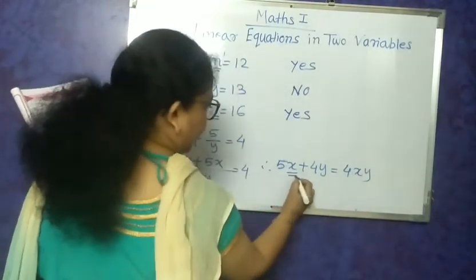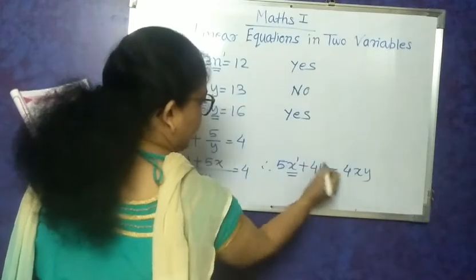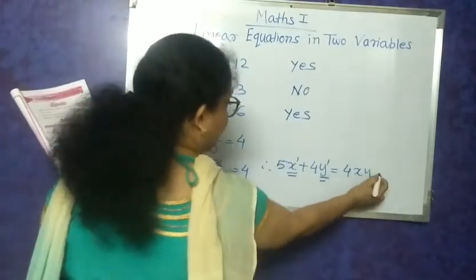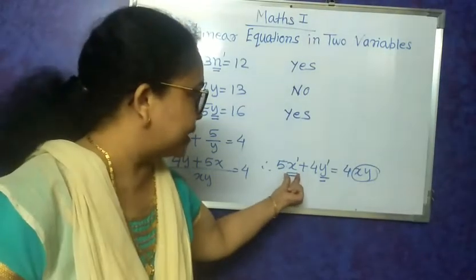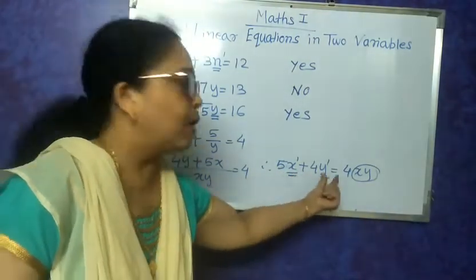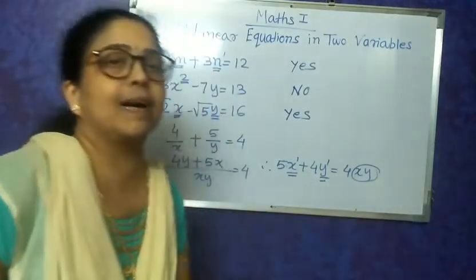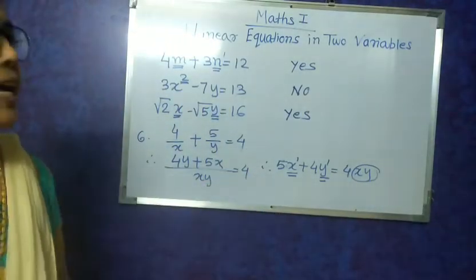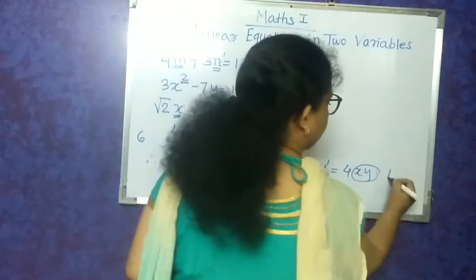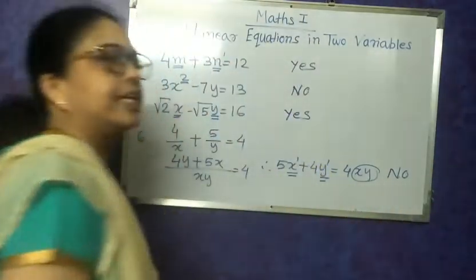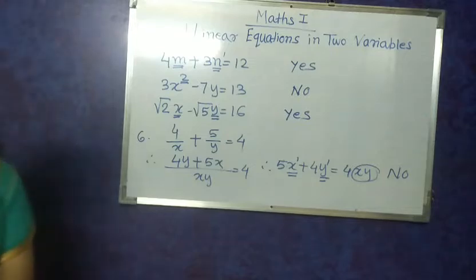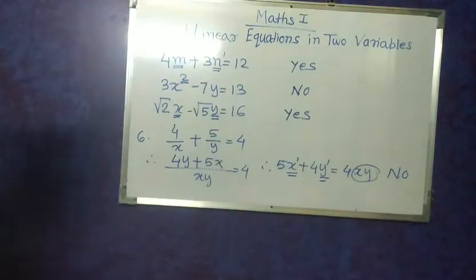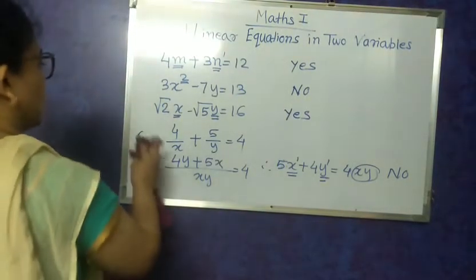Now here one variable has index 1, but again two variables are there. So how many variables are there? x is one, y is the second, and xy is the third. So that's why it's not a linear equation in two variables. Clear? So you have to complete this table given on page number 1 in your notebook.